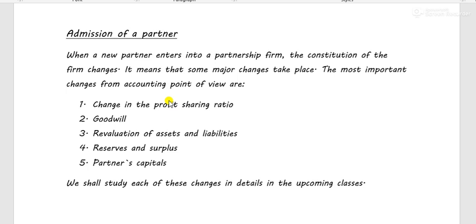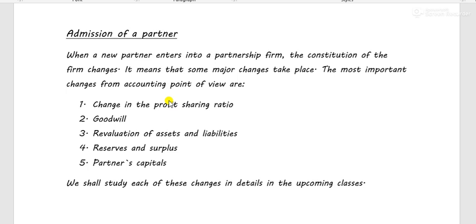So in the last class, I told you that when a new partner enters into a partnership firm, obviously the profit sharing ratio changes because the whole share which was being shared by the existing partners is now to be shared by more partners. Because if A and B were sharing profits 50-50, which is equal to 100 as the total share, now if C enters the partnership firm, they will have to reduce their share in order to give C something.